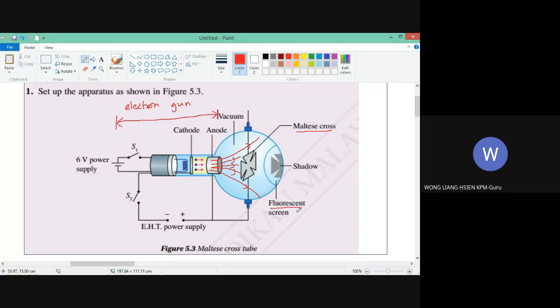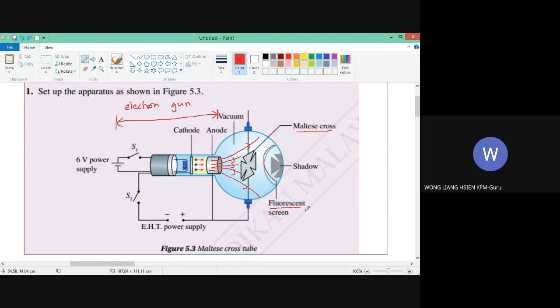The electron that shoots out, you see at the back here, there is a fluorescent screen. That means this part of the glass is coated with a chemical that can produce the fluorescent effect.